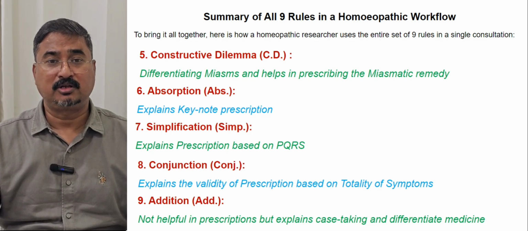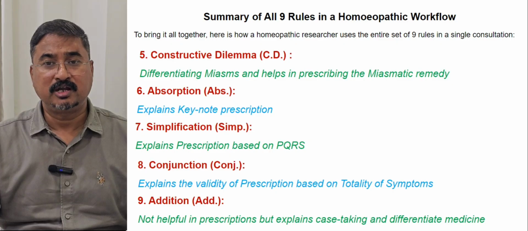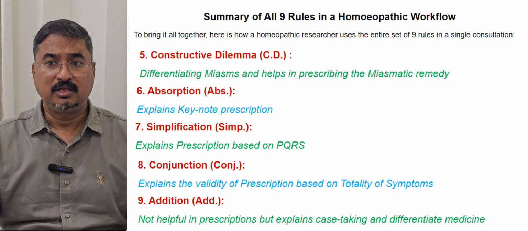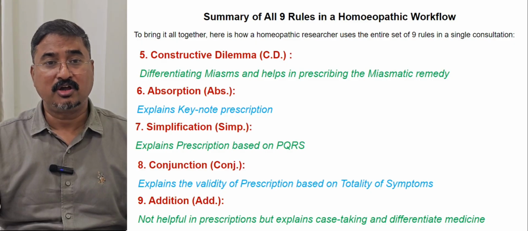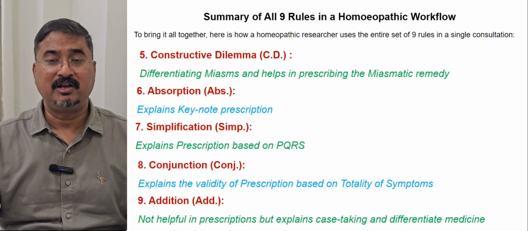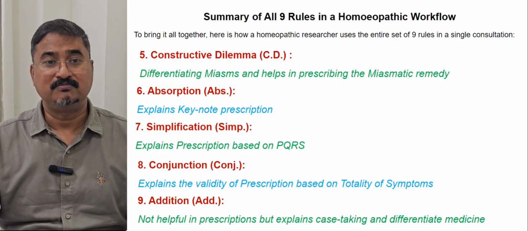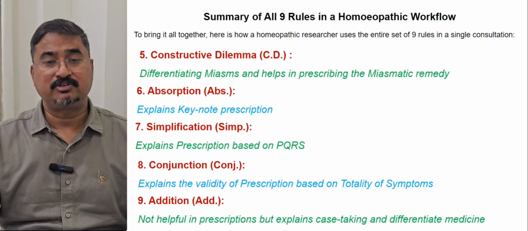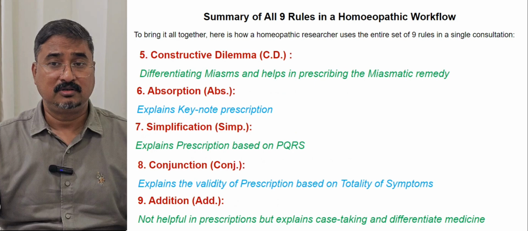Sixth, absorption guides us to understand: if A, the patient has this peculiar dread of loneliness, then they need B, that is Stramonium. Therefore, if they have A, then they have B and need Stramonium. Seventh, in simplification, suppose the patient has restlessness and fear of death.